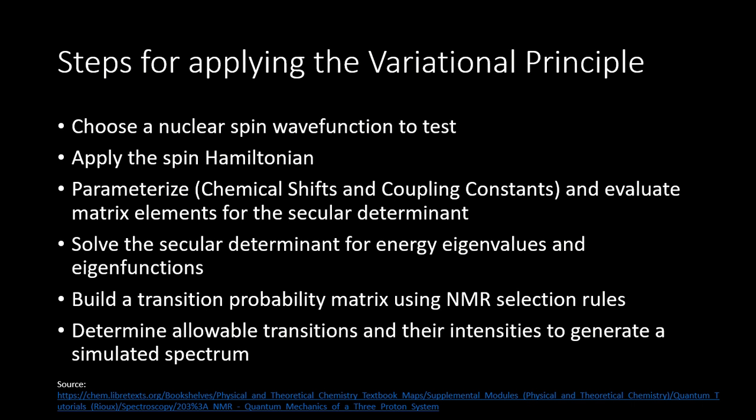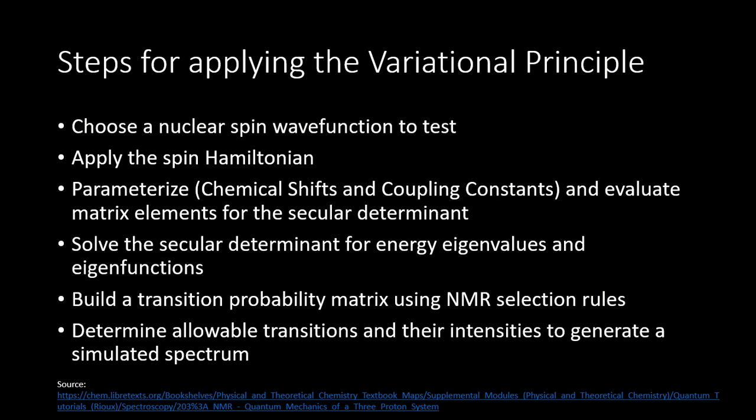For applying the variational principle to multiple nuclei, or for the nuclear spin states, here are a few steps from the ChemLibreTexts website, which is helpful for applying them. Step 1 is just choosing a spin wave function to try out, to put through the following steps to see if it does result in a spectrum that is close to an experimental spectrum.